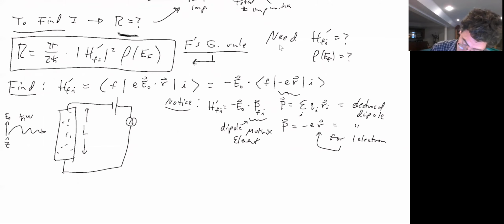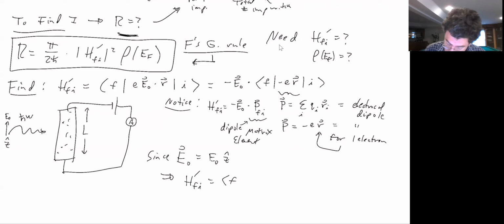In our case the light is polarized in the Z direction, so the matrix element, let's get everything right, is going to be equal to minus E naught times the final minus Z initial.